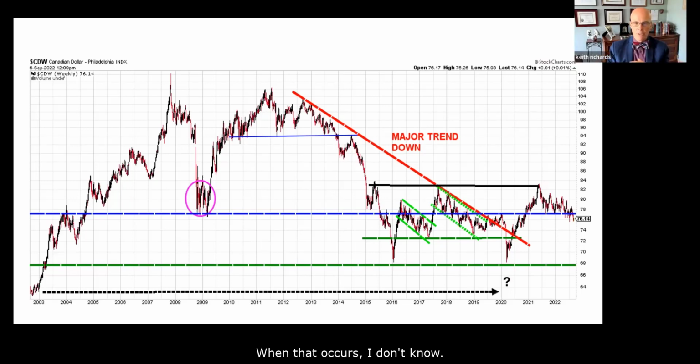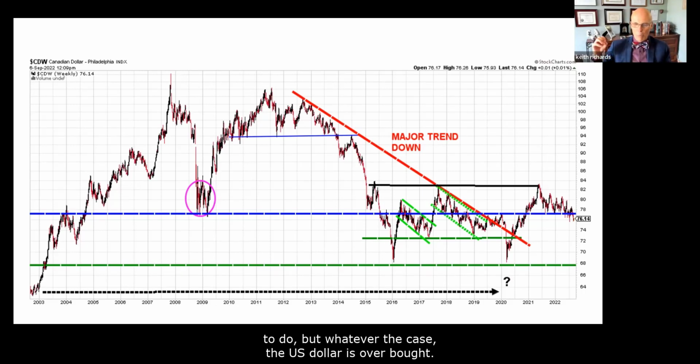When that occurs, I don't know. I would suspect when the Fed starts to slow down and ease back on its monetary policy. Who's to say, although I have some opinions on that, but really those opinions are meaningless. Like Craig was saying, you can't start projecting bank rates because you don't know what they're going to do.